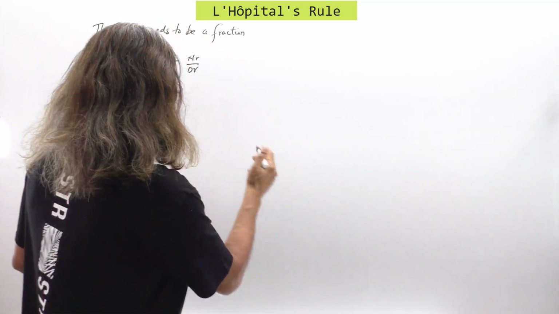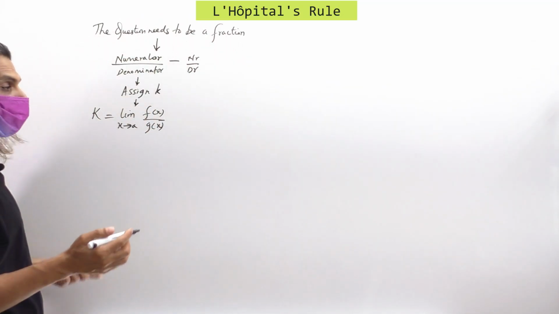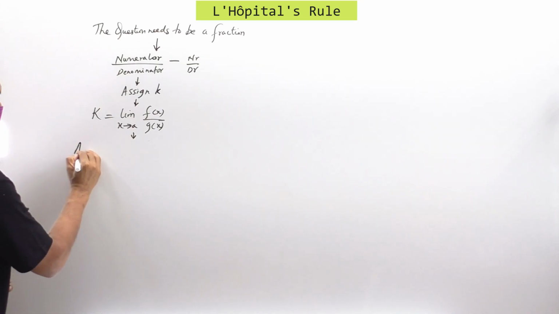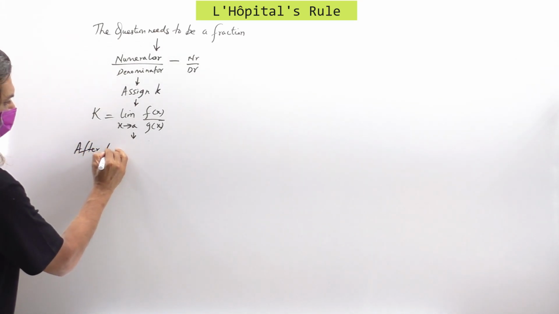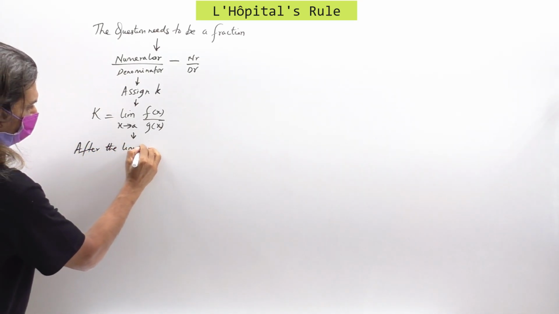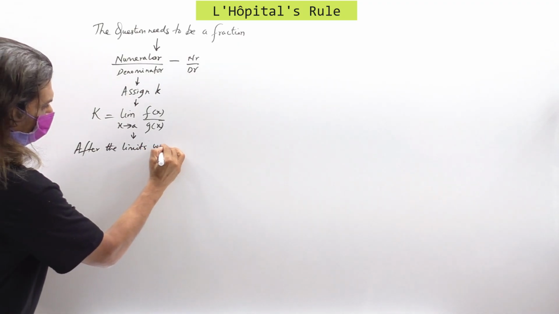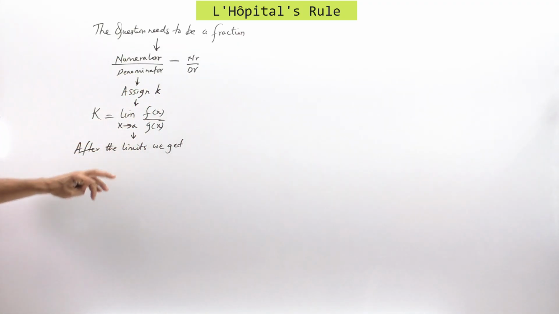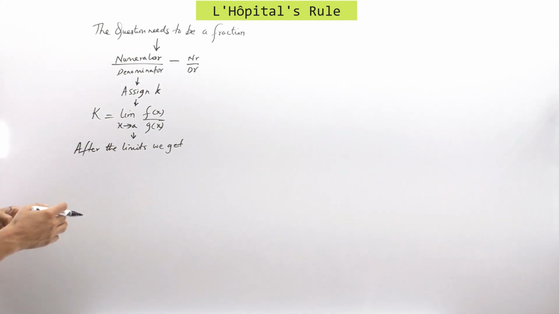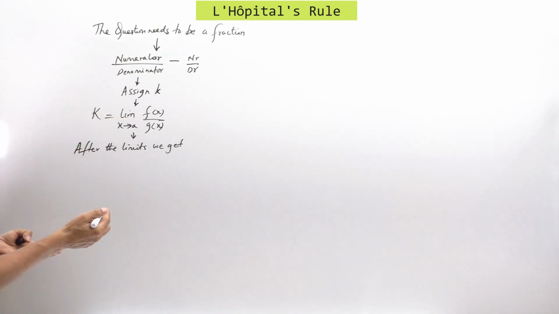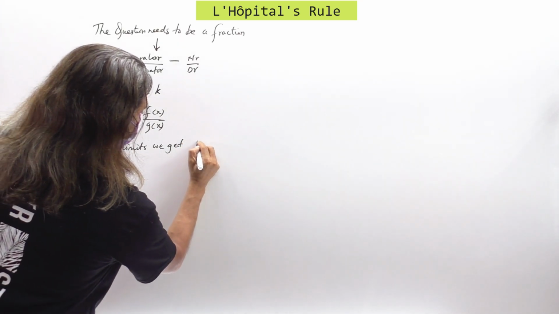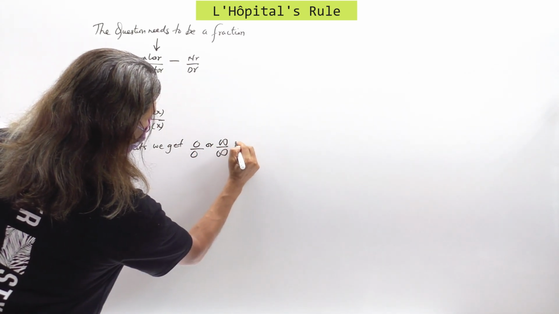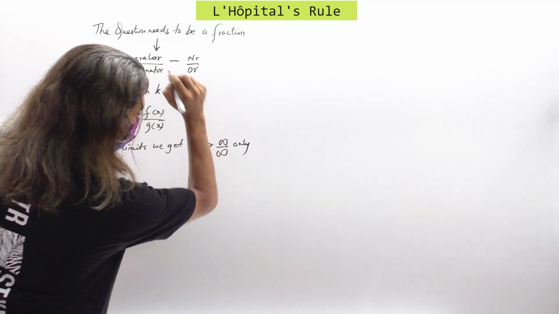After assigning k, apply the limits. What limit is given, x tends to a. After applying the limit, what do we get? 0 by 0 or infinity by infinity only.